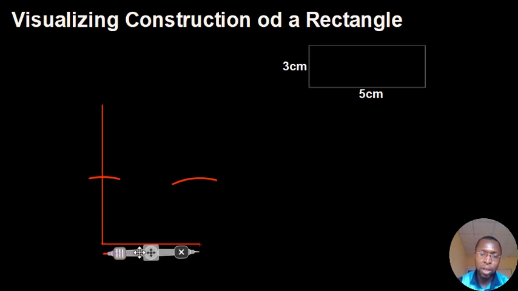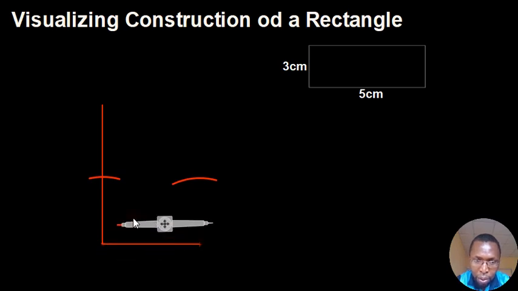Now that I've gotten that, I can place my compass at this edge. Let me rotate it first. Rotate it like this. Then place it at the other edge here.